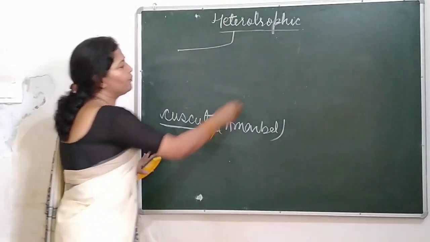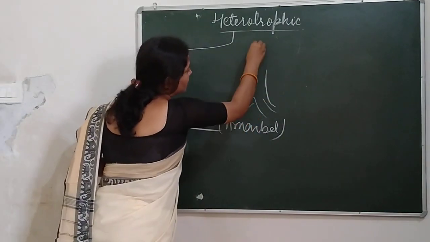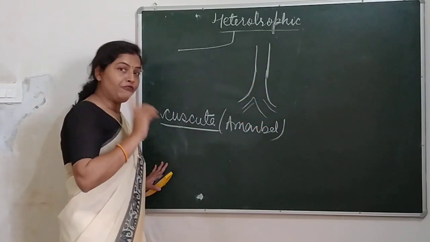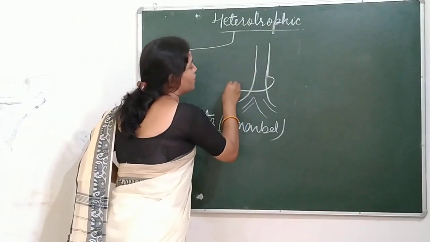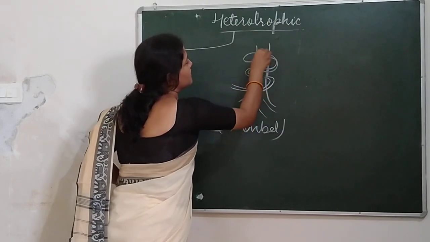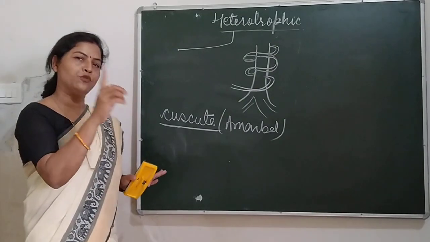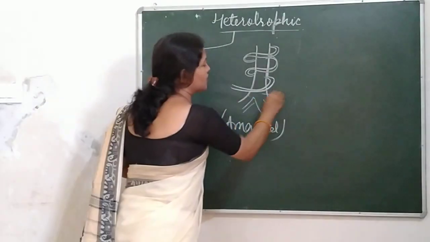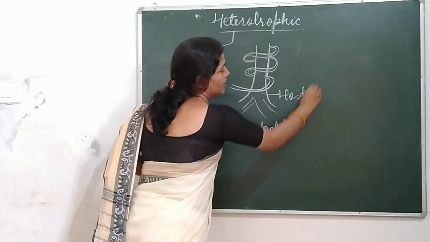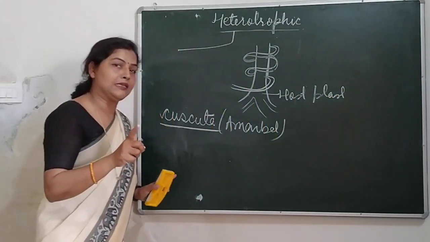What it does, see, just suppose this is the tree, on which it starts wrapping, like this, and they climb over the tree. The tree is known as host plant, and this is called parasite.